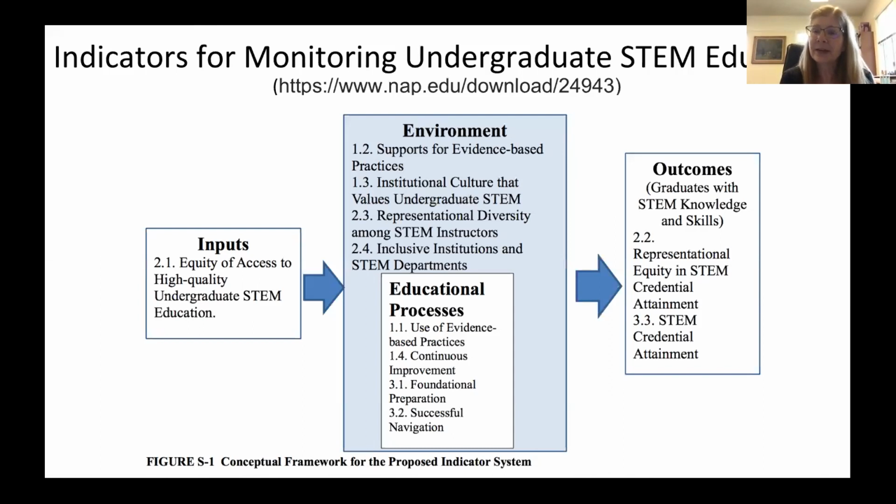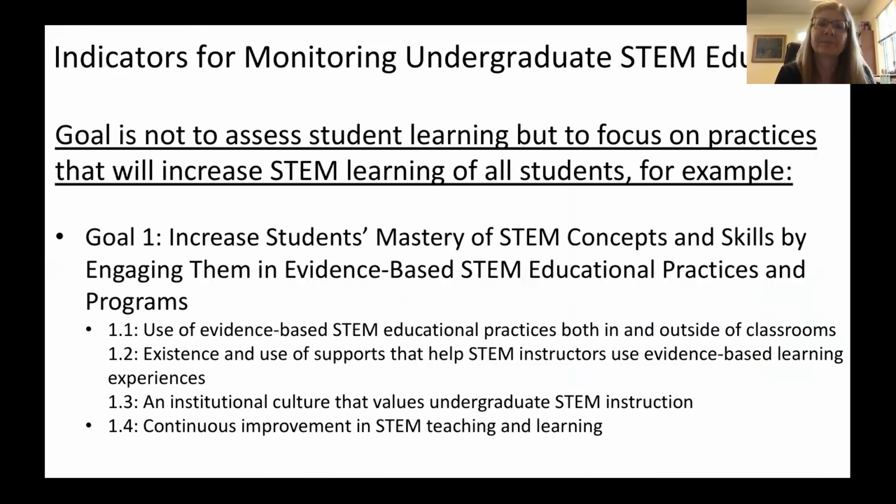So there's a whole framework that's kind of interesting to think about. And I offer the framework because as your network is moving forward, this isn't your framework, but the idea that a framework in terms of what you're putting in, what the environment is that you're working in, what the educational processes are that are involved, and what the outcomes are, is a very helpful way to frame things. And we actually had not done that for STEM education at a national level, and I think this is a useful model.